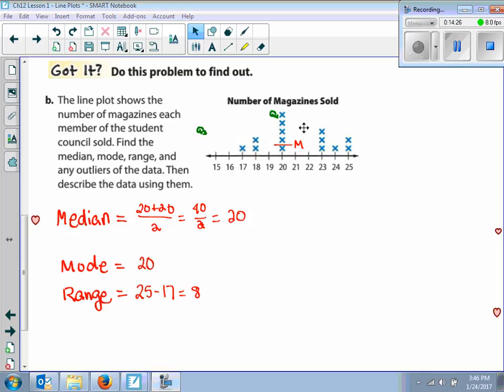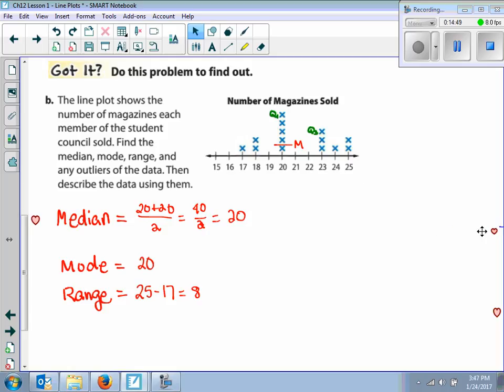To find quartile 3, we're going to count 1, 2, 3, and then add 1 more. So there is quartile 3. So to find the interquartile range, then, we're going to subtract the quartiles. Quartile 3 minus quartile 1.